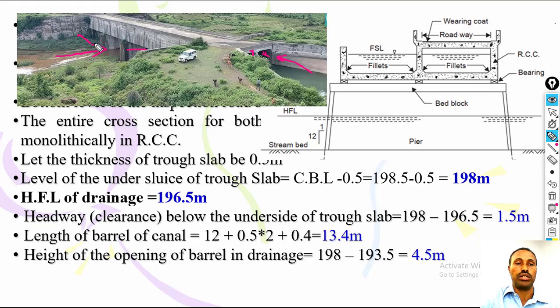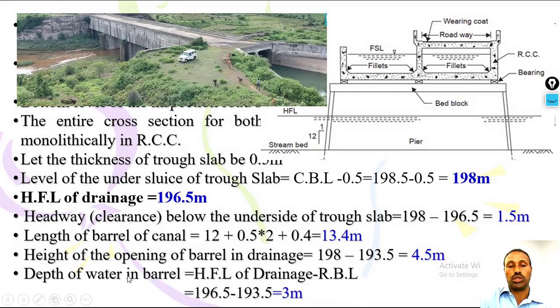The flood may just arrive at this point during the highest flood level, but we have this 4.5 meter, which is the height of the opening of the barrel in the drainage. So this is the total height of the barrel in the drainage. Then you can see the elevation and also other parameters.